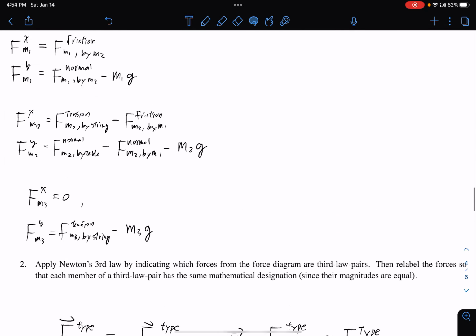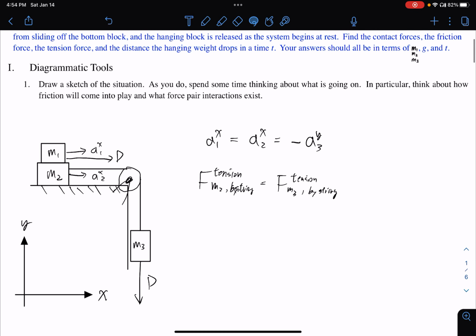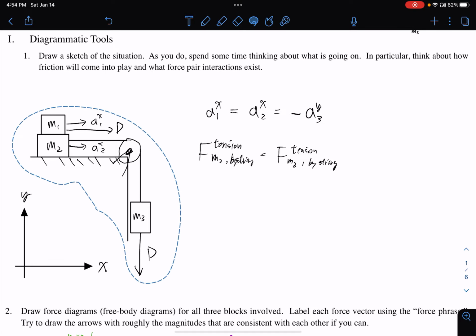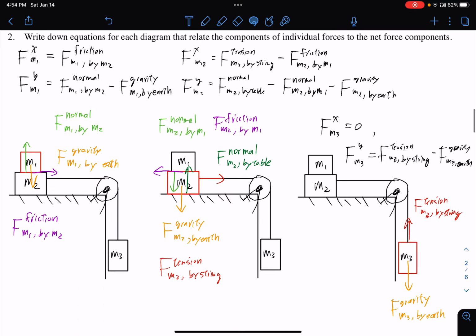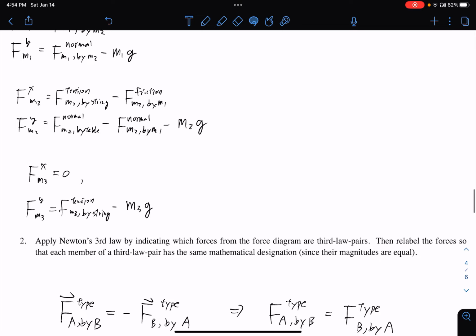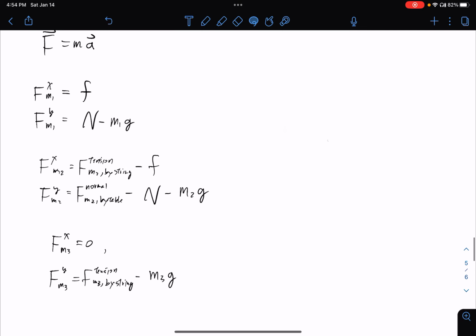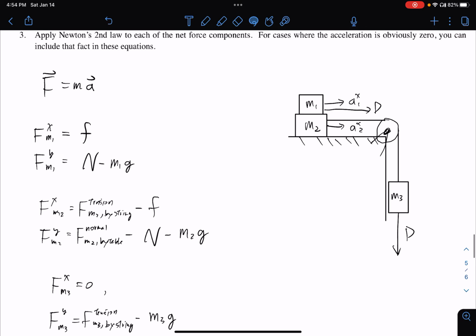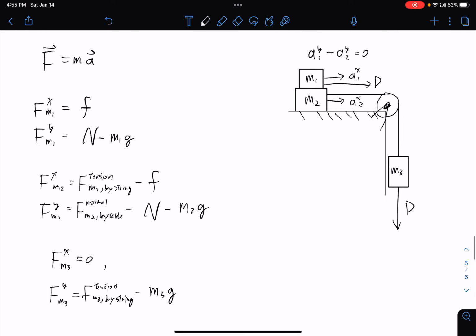We want to look at our problem statement again, because we see that the blocks on the table are sliding only in the x direction, which means that the vertical acceleration should be 0. a_y for 1 and a_y for 2 should all be 0. Therefore, the net force for m1 in the y direction should be 0, and that for m2 should also be 0.